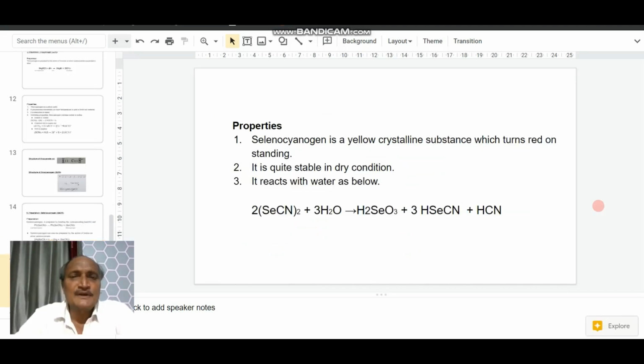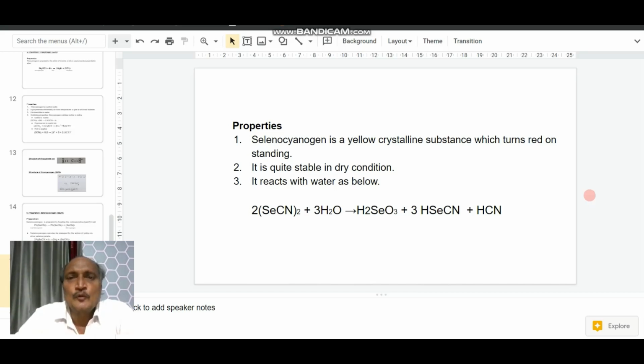Coming to the properties of selenocyanogen. Selenocyanogen is a yellow crystalline substance which turns to red on long standing. It is quite stable in a dry condition and it reacts with water as below.